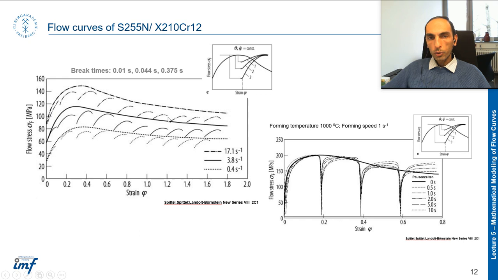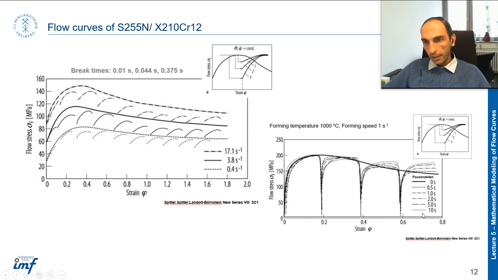So you will see a drop. I think this graph is more accurate and more reliable. If you compare, you can see that if you stop the compression and start again, the flow behavior of the material drops and then starts again.